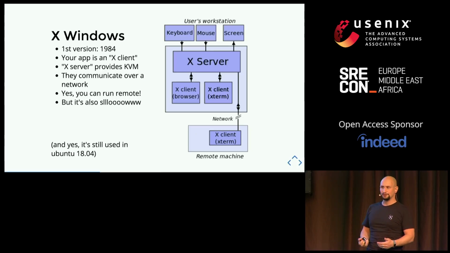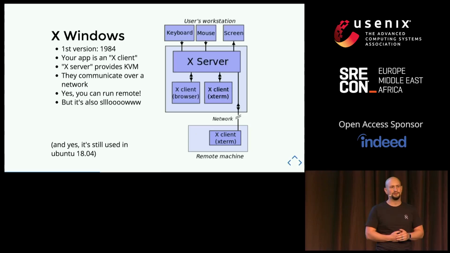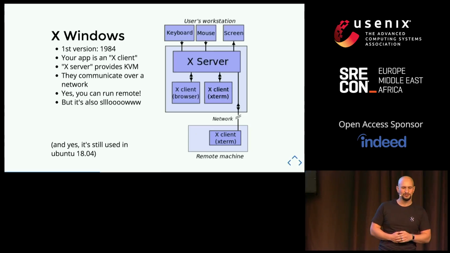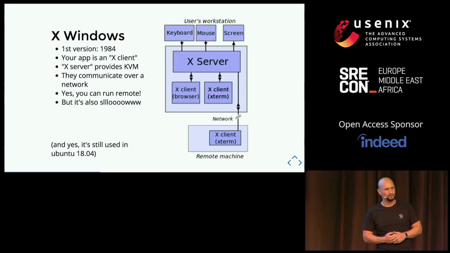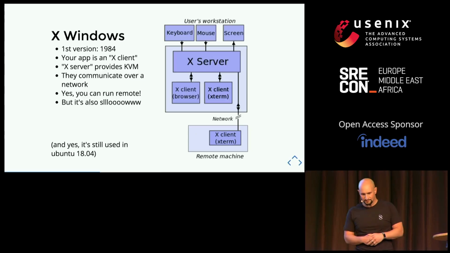It has a nice feature. You can run a remote desktop or remote application on X, but it's very, very slow, and yes, it's still used on modern Linux machines. I checked yesterday, it's still operational on Ubuntu 18.04. So yeah, that's kind of a bummer.